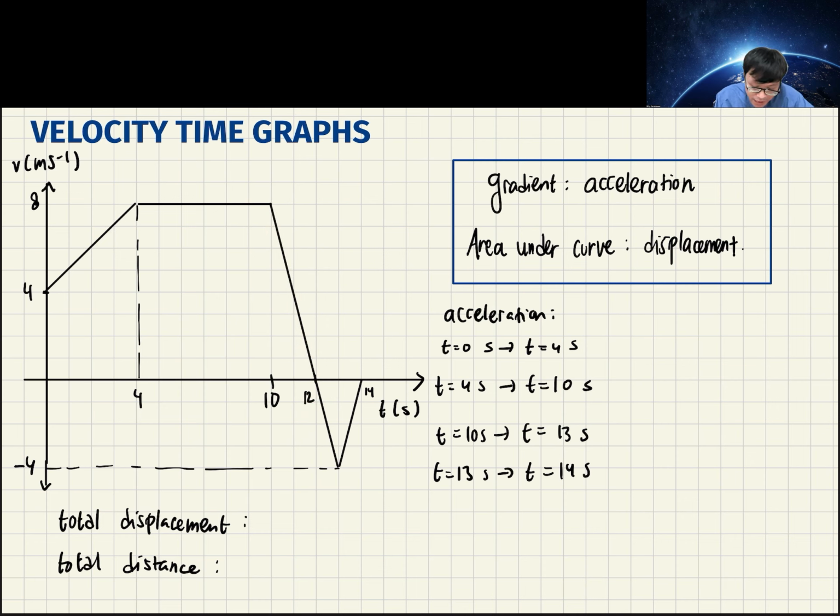But after that, at this point until here, as you can see, the velocity decreases, means that it accelerates but in negative direction, because it's not moving here, velocity is 0, but now it's moving to the left until it reaches minus 4 meter per second. And after that, from minus 4, it goes back to 0 meter per second.